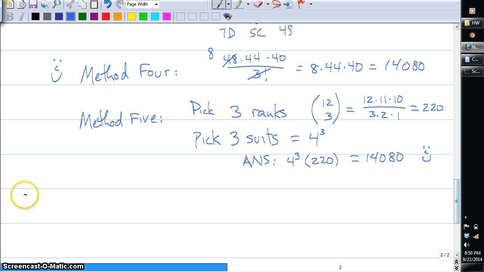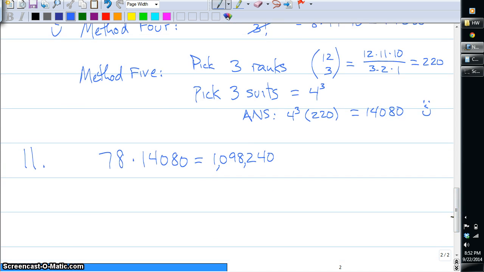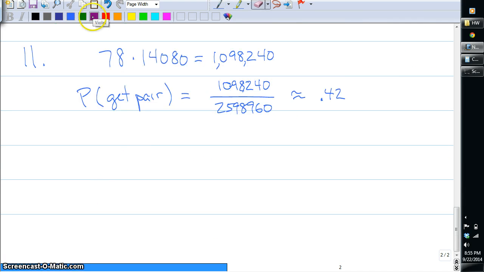So for problem 11, the question of how many 5-card poker hands there are in which we have a pair will be 78 multiplied by 14,080, which works out to being 1,098,240.